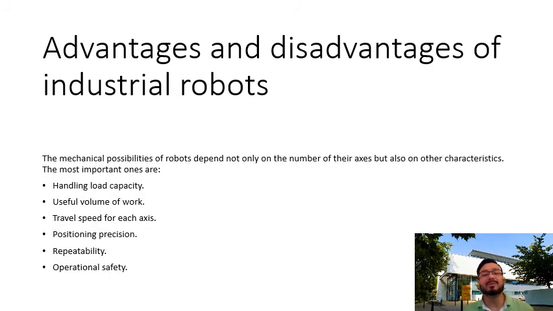The mechanical possibilities of robots depend not only on the number of their axes, but also on other characteristics. The most important ones are handling load capacity, useful volume of work, travel speed for each axis, positioning precision, repeatability, and operational safety.